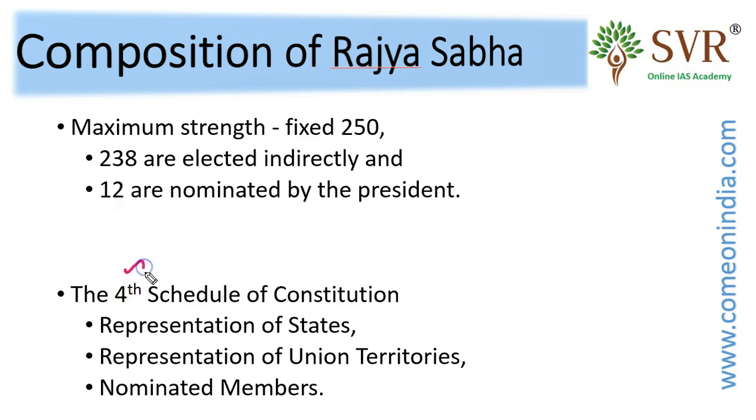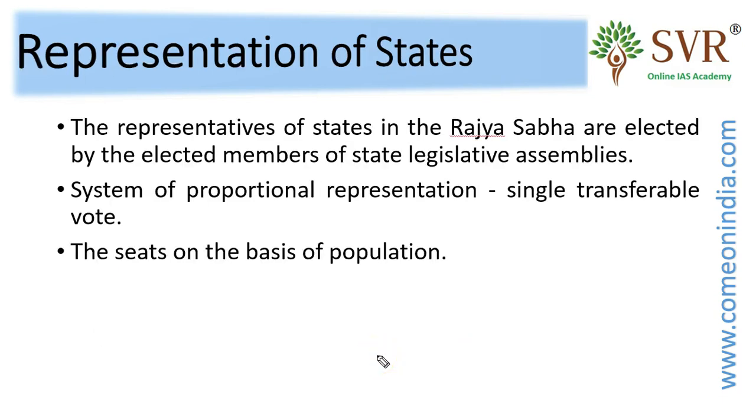The Fourth Schedule of the Constitution of India discusses the allocation of seats to states and union territories in the Rajya Sabha. Now, let us take a closer look at how these seats are allocated. First, let us learn how the states are given representation in the Rajya Sabha.